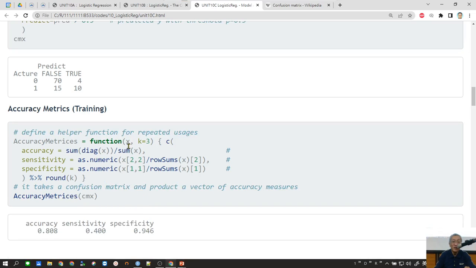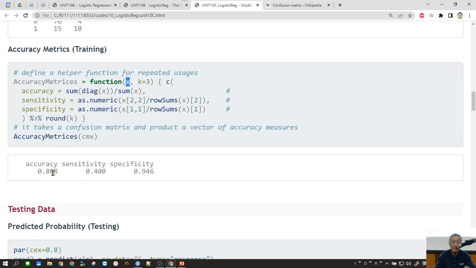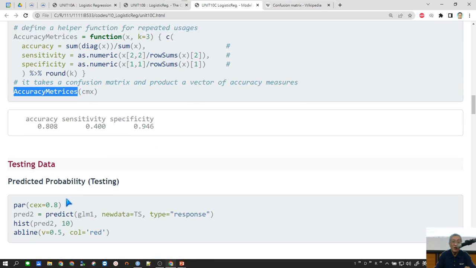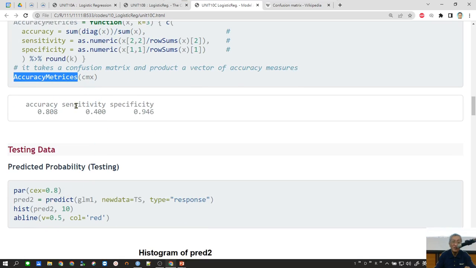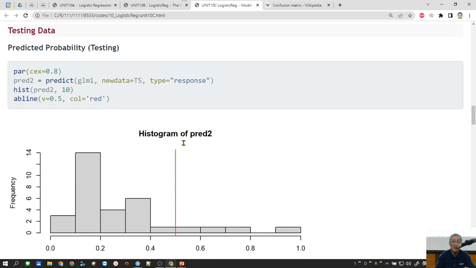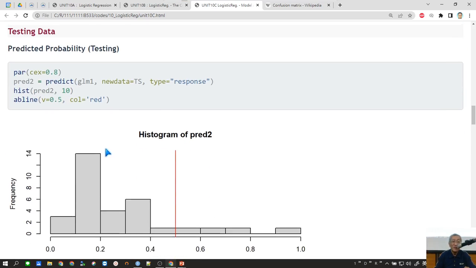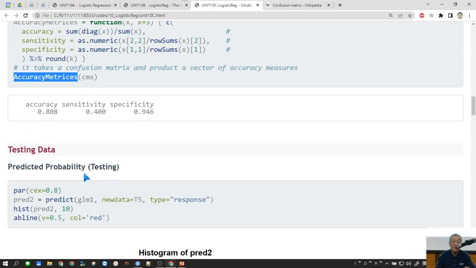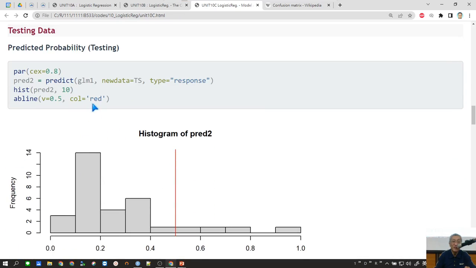I write a function so that if you give it a confusion matrix, it calculates the three things. The code is quite simple, so you can try to do it by yourself. Now, this is for training; I can do the same thing for testing.